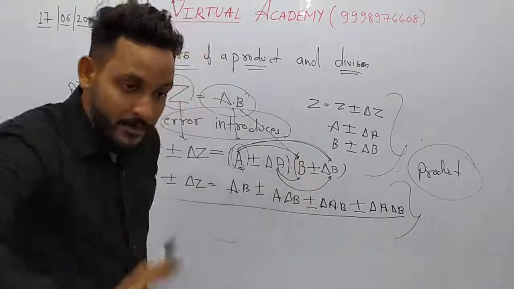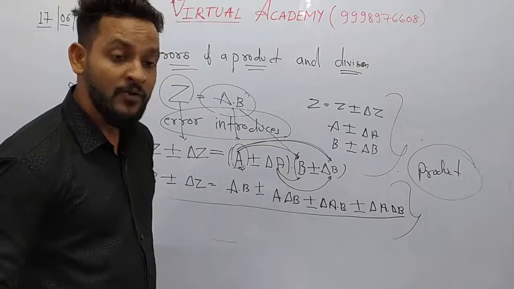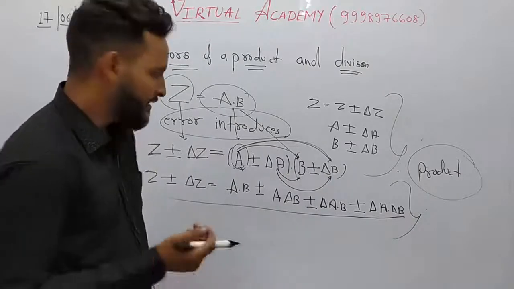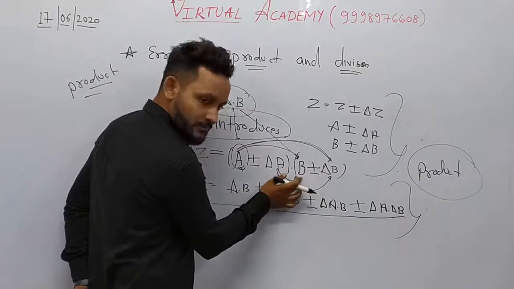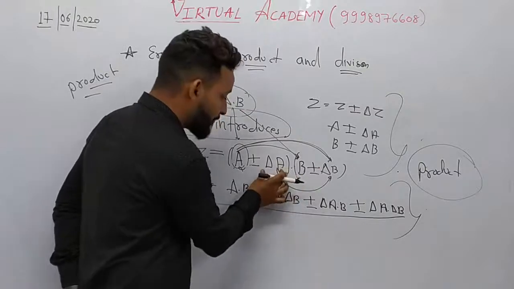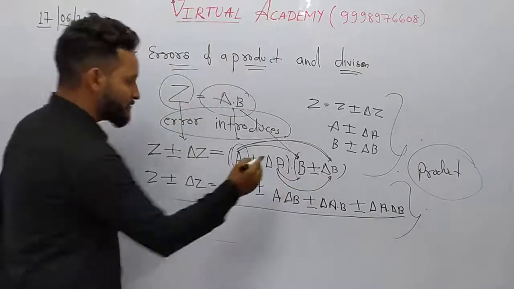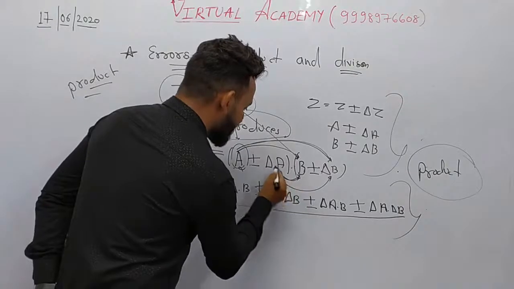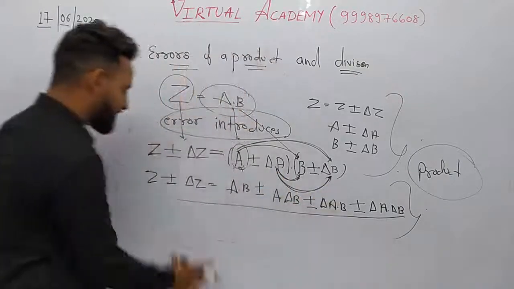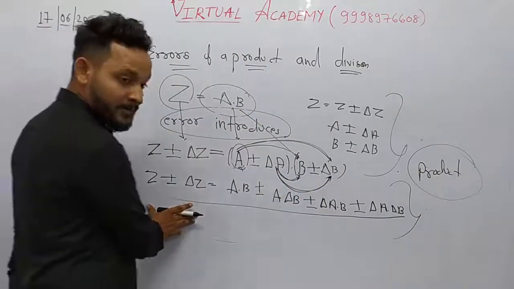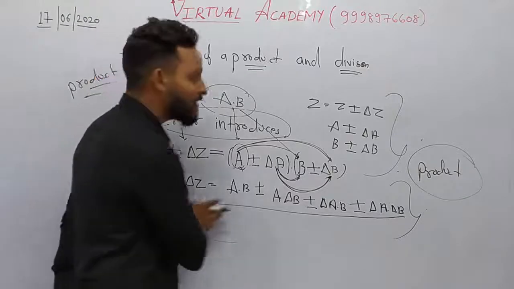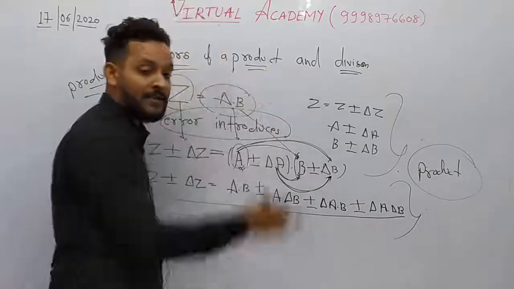Now after A's game is over, what about B? Done or not? Done. Now what about delta A? First we multiplied with this, second we multiplied with this. After that, this equation is followed for our product, the multiplication.